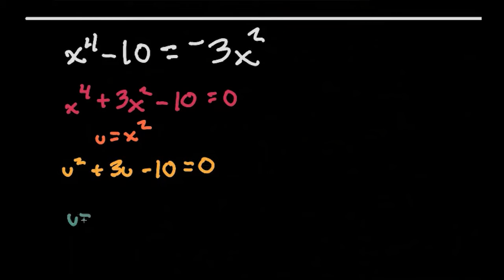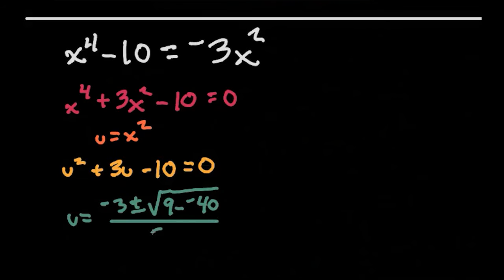Okay. So u is equal to negative b plus or minus the square root of b squared minus 4ac, which is going to be negative 40. And we're going to divide this by 2a, which is just dividing by 2. This goes plus and plus, and you can rewrite this here. Instead of 9 plus 40, I'm just going to write a little 49 in here.